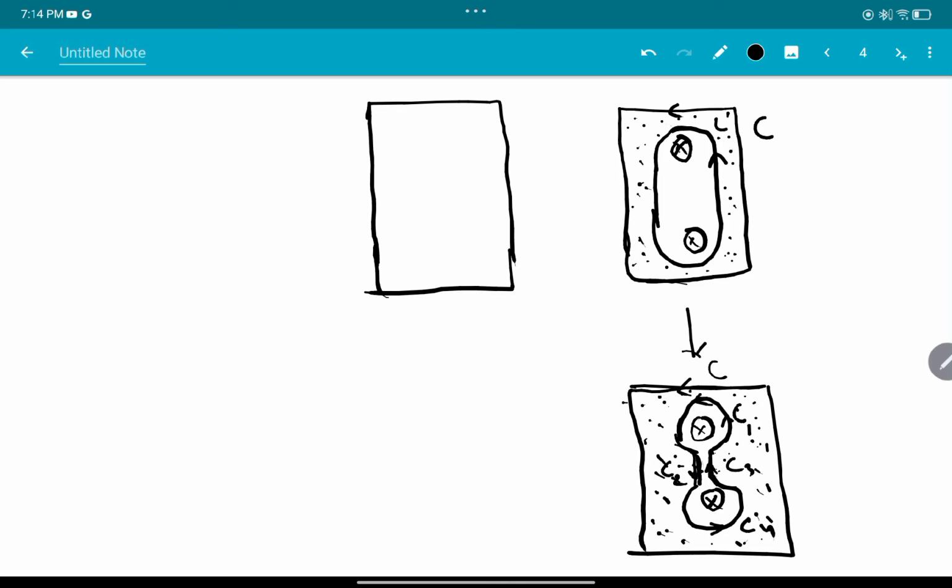In one direction its contribution is positive, in the other direction it is negative. It cancels out.